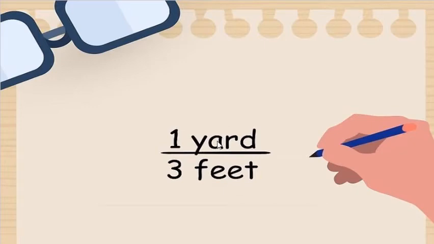Because the numerator and denominator values are equal, this conversion fraction is equal to 1. So whenever a fraction has a value of 1, you can use it to multiply any number without changing its value, but you will convert the units.